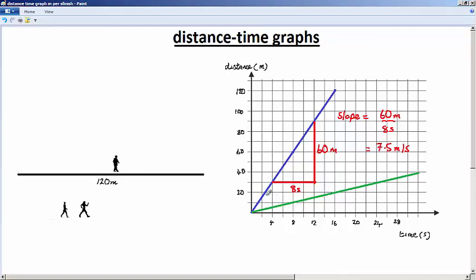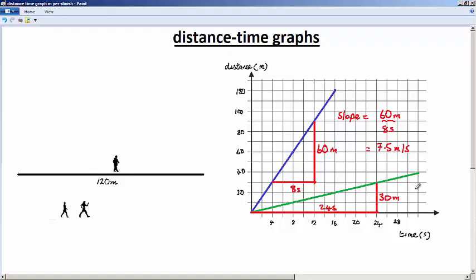Let's calculate his speed. So we see for a horizontal change of 24 seconds, we have a vertical change of 30 meters.